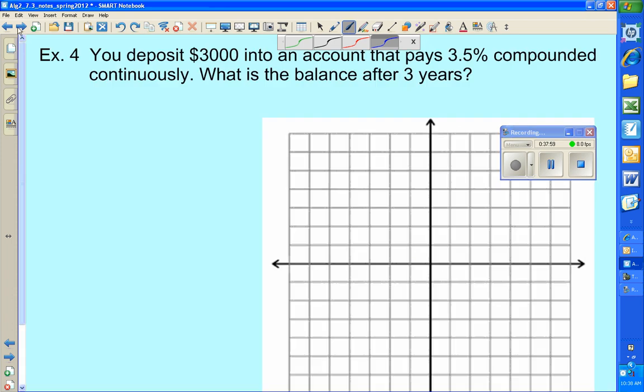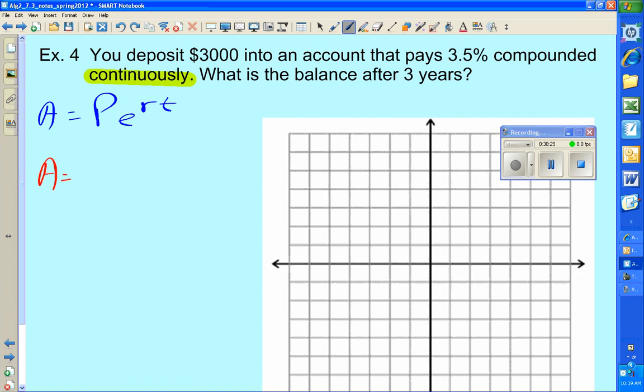So when we look at this example here, we have a $3,000 deposit, 3.5% interest for 3 years. So we're doing the shampoo formula, and we're doing that because it has the word continuously in the problem. So we know we're supposed to use the shampoo formula. You've got to be very careful with this when you plug it in.